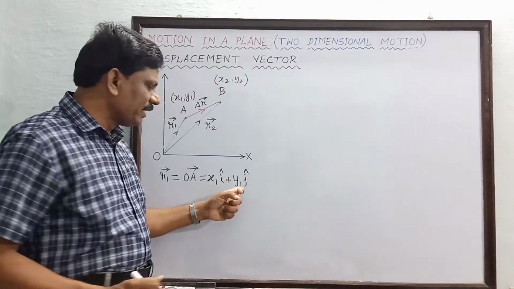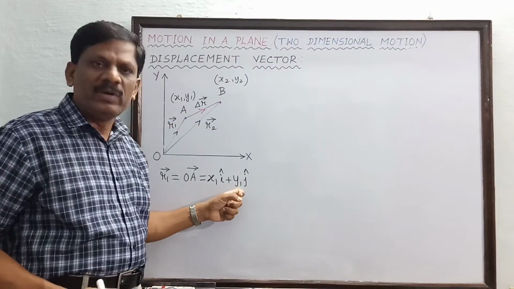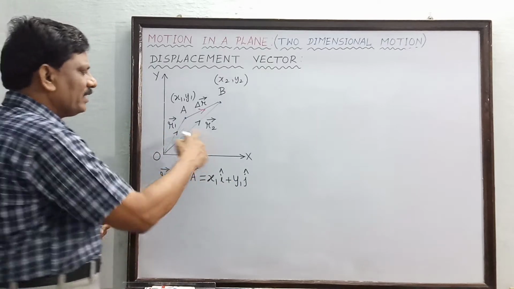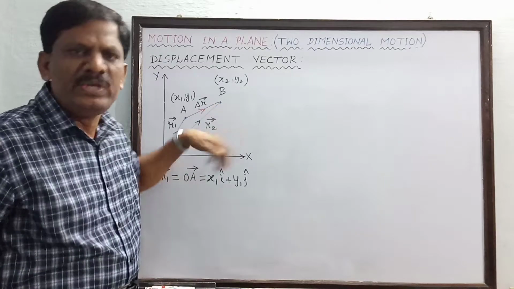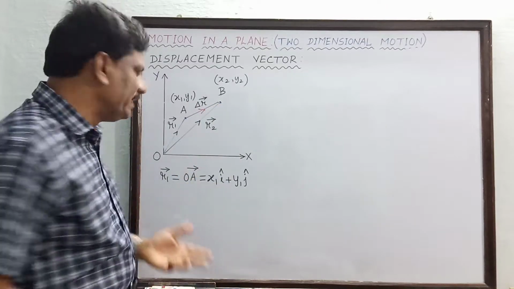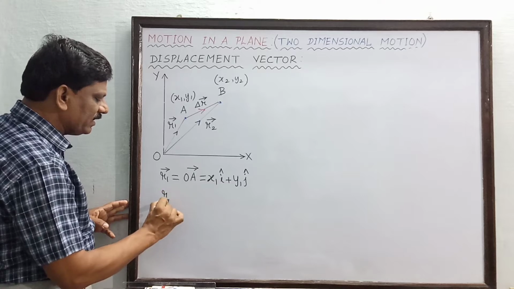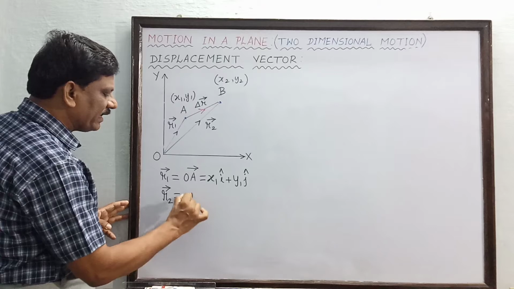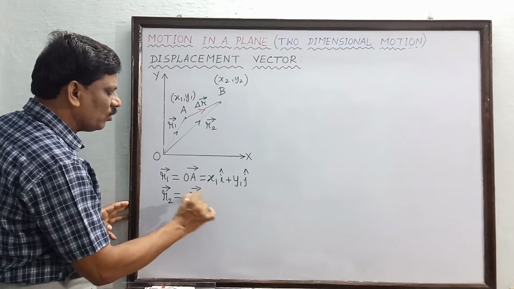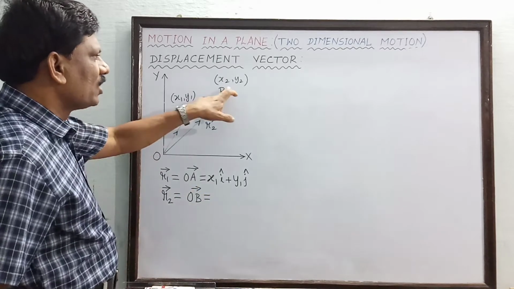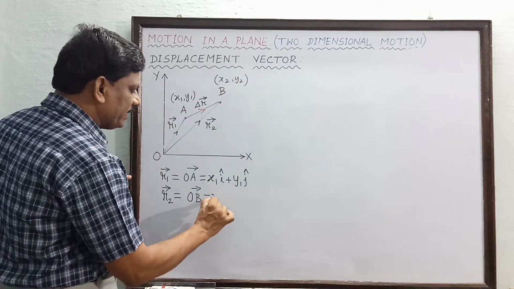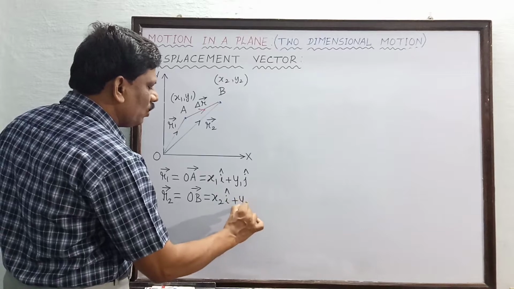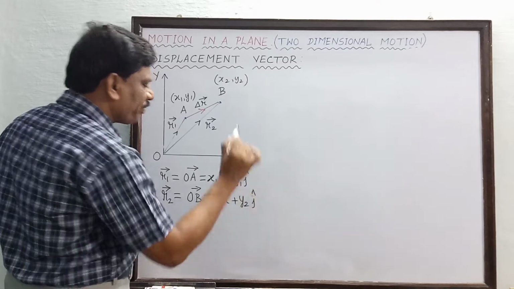These are called the x component and y component of the position vector R1. Similarly, when the particle is shifted to a new position B at some other instant t2, the position vector is represented by R2, which is also equal to OB vector, and the coordinates are x2 and y2. Therefore, it is x2 i cap plus y2 j cap.